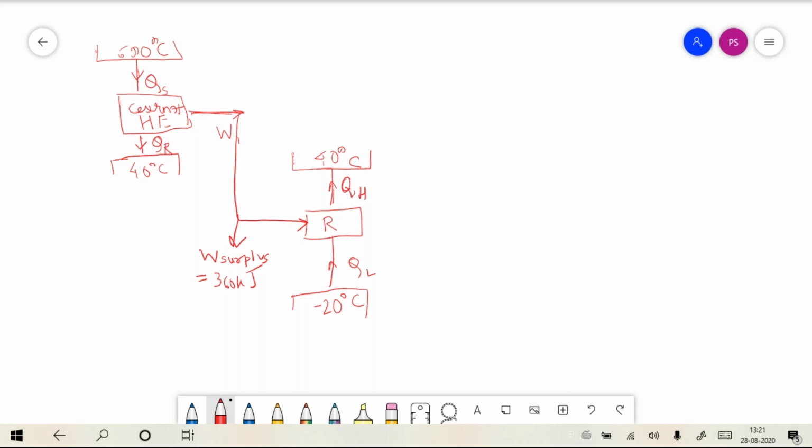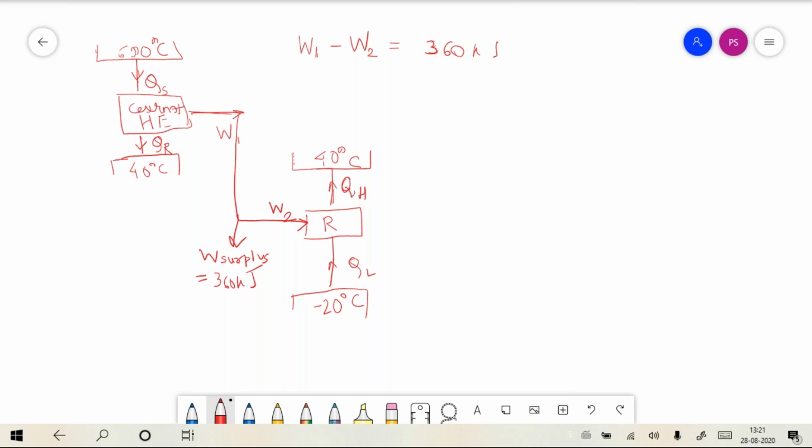So if this is W1 and this is W2, W2 is consumed by the refrigerator, W1 is produced by the engine, and W1 minus W2 is equal to 360 kilojoules.